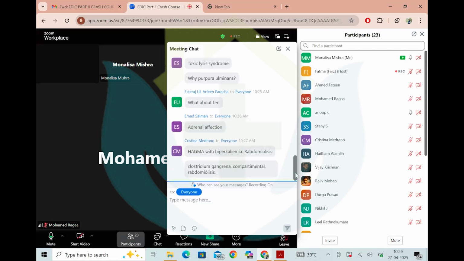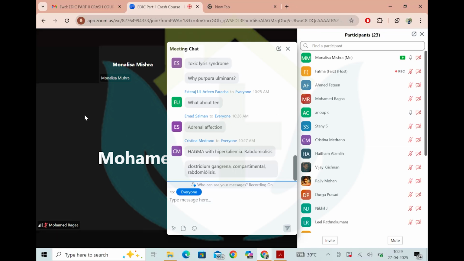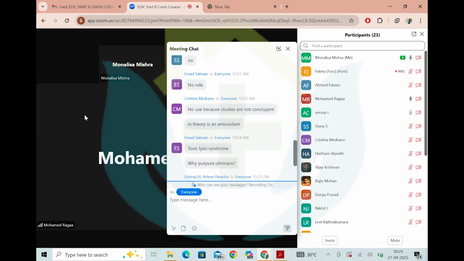So tell me, what are the other causes of high anion gap metabolic acidosis you know of? One is diabetic ketoacidosis. Anything else? Alcohol toxicity, lactic acidosis. Alcoholic ketoacidosis, correct? Starvation. Lactic acidosis. Okay, very good. Because of starvation, also ketoacidosis can happen, so that also we can include.